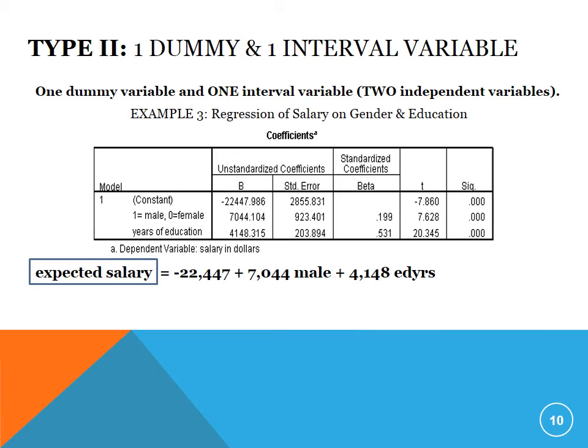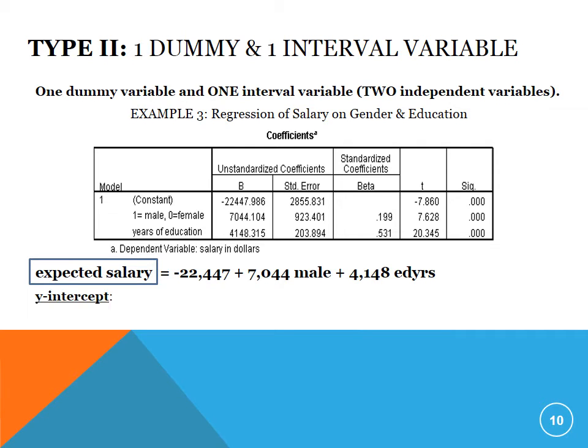And so there are so many more expected values than the actual number of B values that we see here. Okay, so hopefully we can all agree here with the equation that I put forth. Negative 22,000 plus 7,000 times male plus 4,000 times ed years.